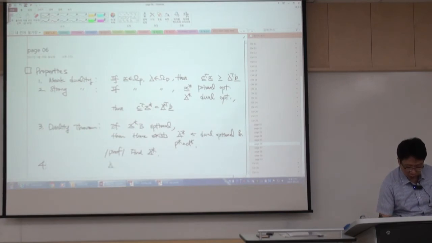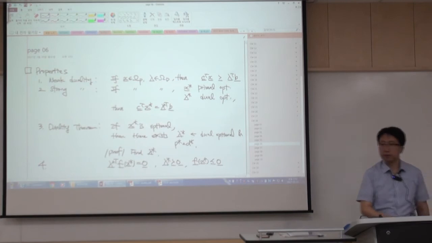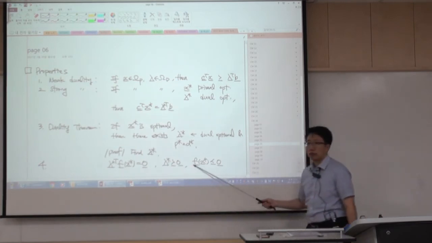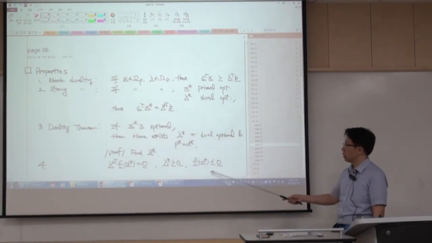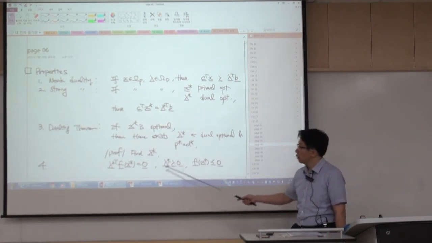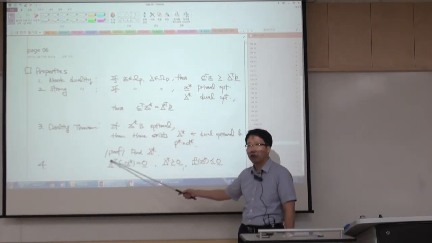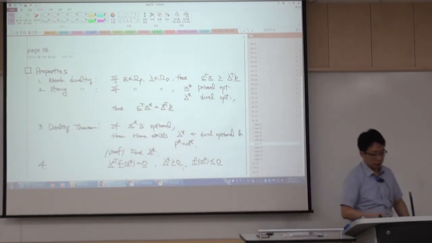So we had something like this, where lambda star is greater than or equal to 0 and f of x star is less than or equal to 0. This is from dual feasibility, and this is from primal feasibility. And what does this mean? Each term in this sum becomes 0, right? That was complementary slackness originally.